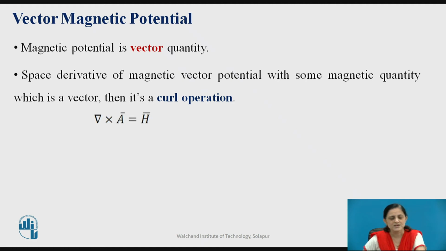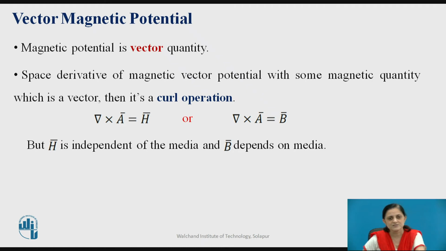You know that the curl operation is nothing but taking the cross product with del of any vector. So del cross A bar is equal to H bar, or it can also be written as del cross A bar equal to B bar. As you know, the relation is B bar is equal to mu H bar, so you can write this equation as curl of A bar is equal to B bar.